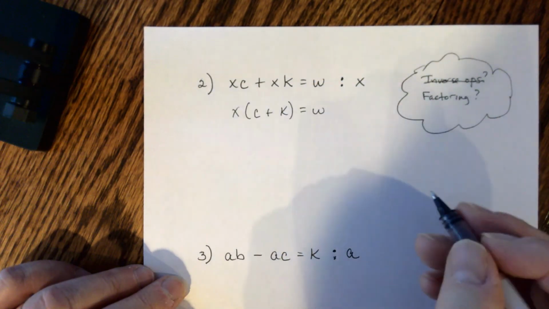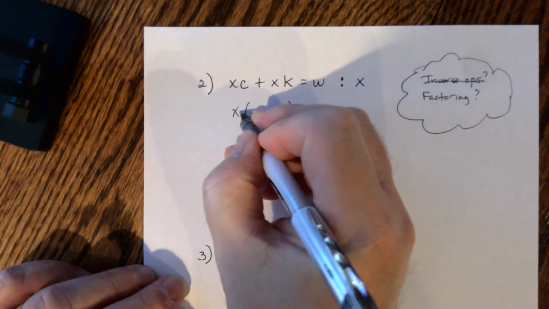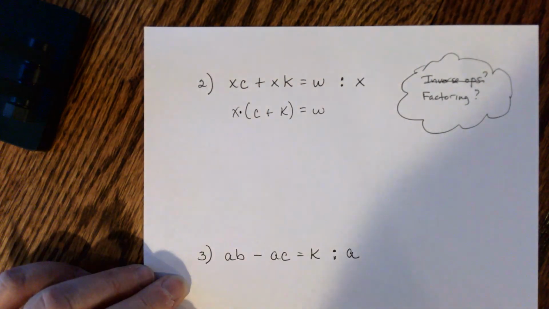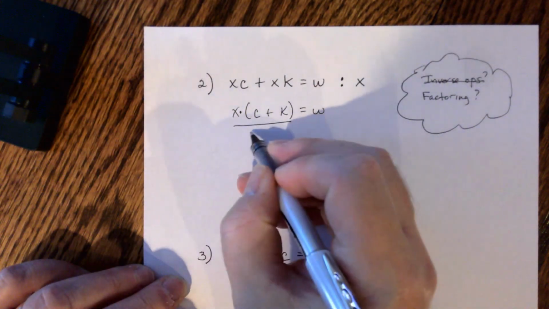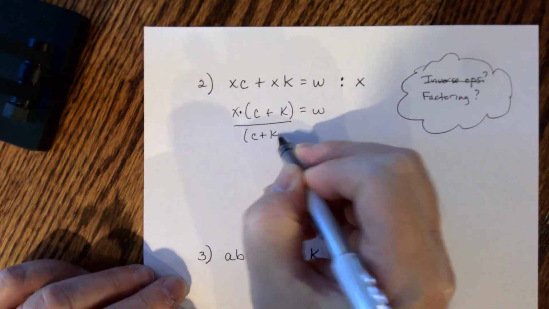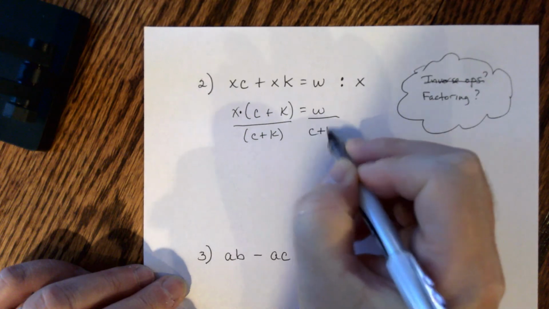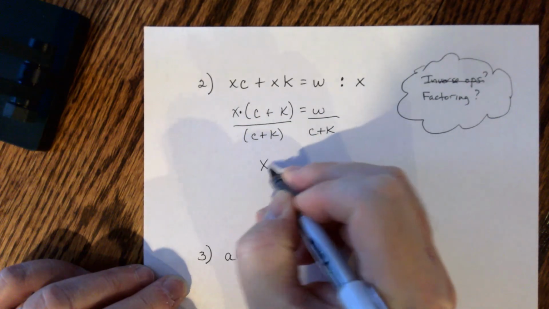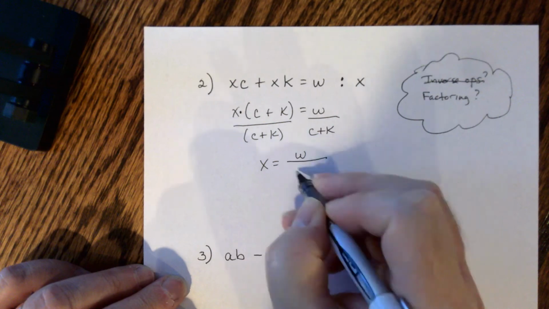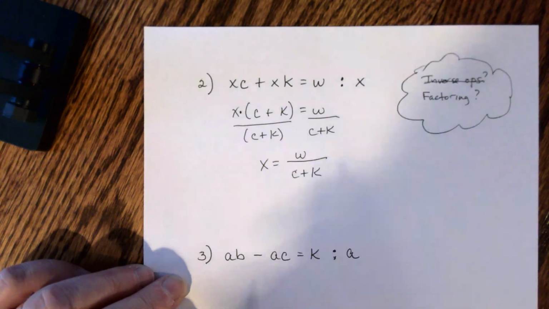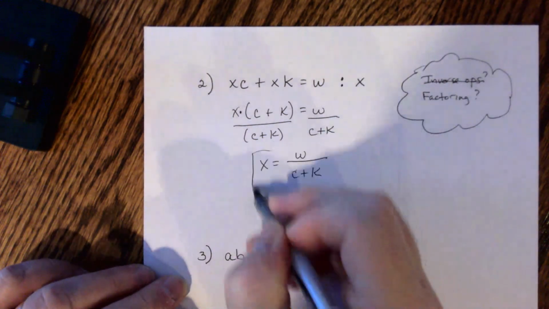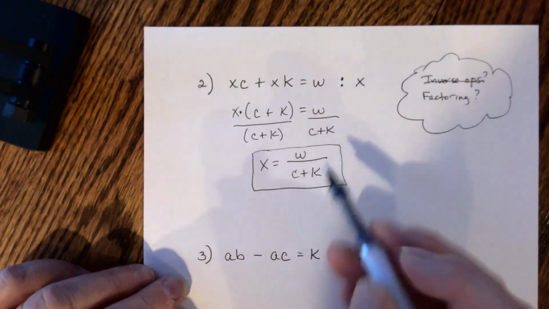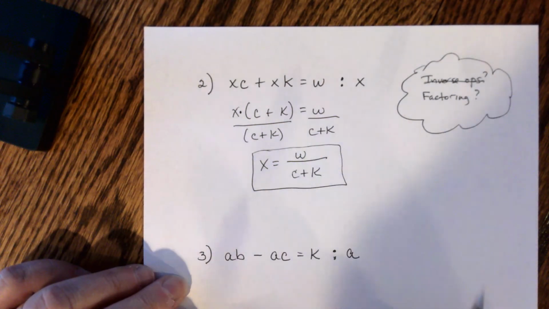And when I do that, this is read as x times c plus k. Since it's being multiplied, I can divide by c plus k. And I end up with x equaling w over c plus k. So my solution would be I solve for x in terms of w, c, and k.